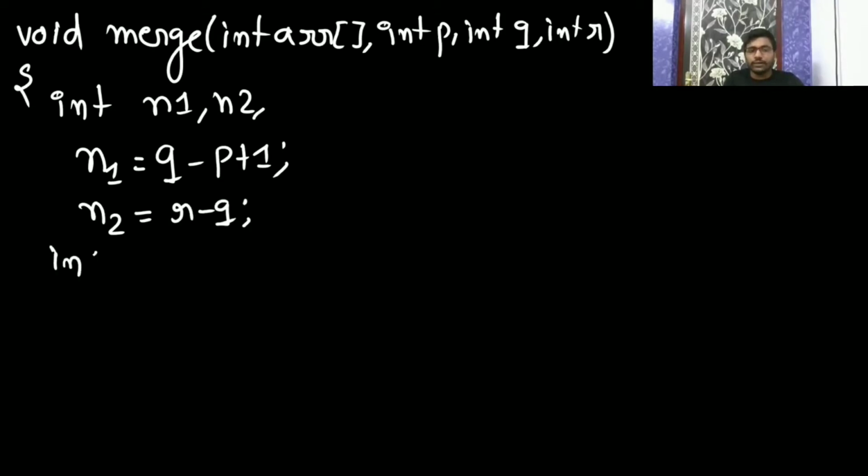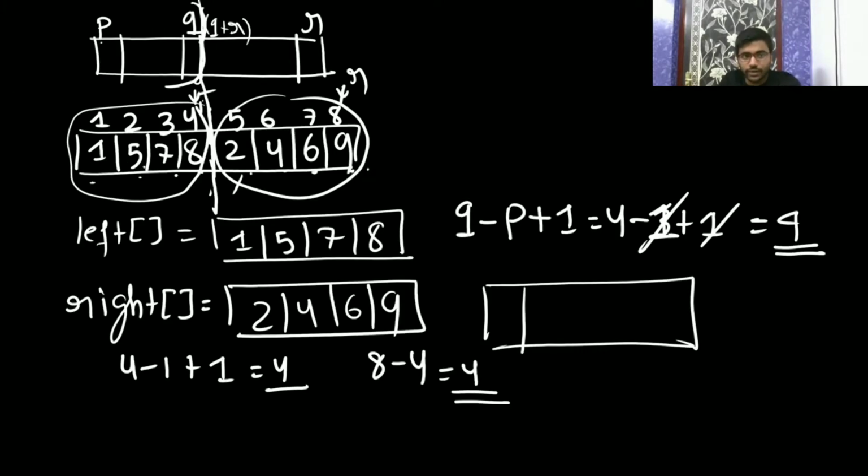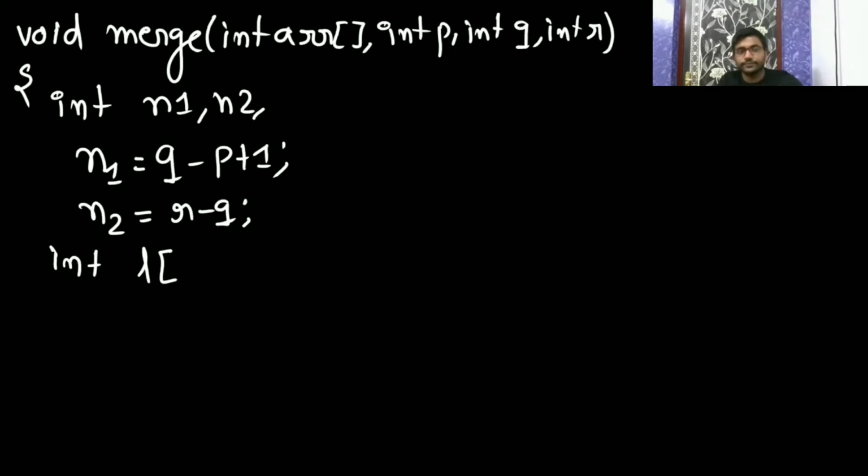So I need to declare two arrays. This array is going to contain the full array, with elements like 1, 5, 7, 8, 2, 4, 6, 9, where p is 1 and r is 8. Now left has size n1, and I'm declaring two arrays, left and right.